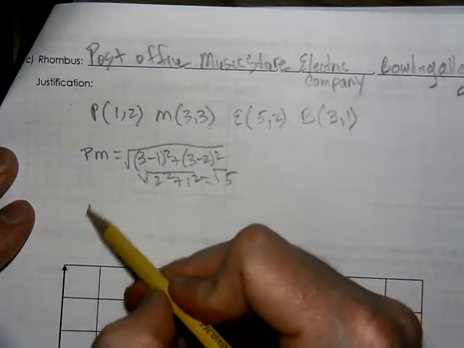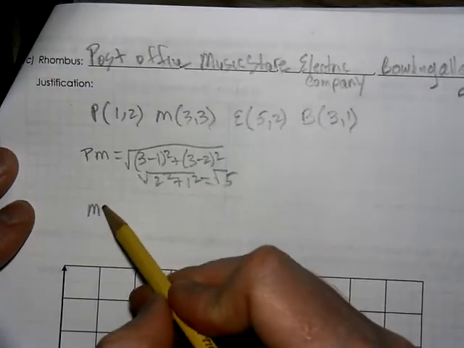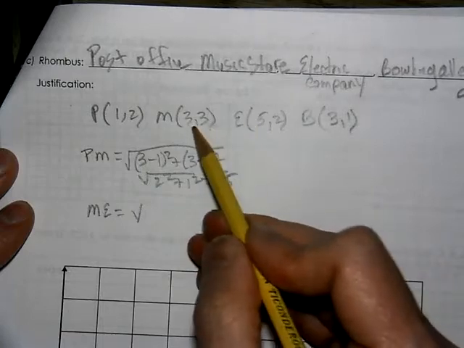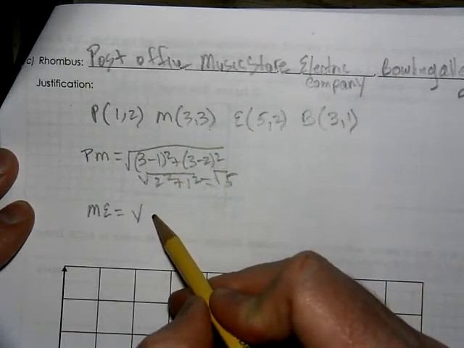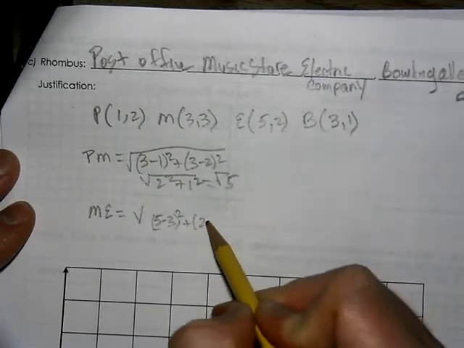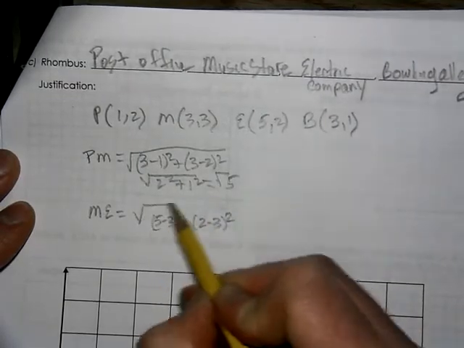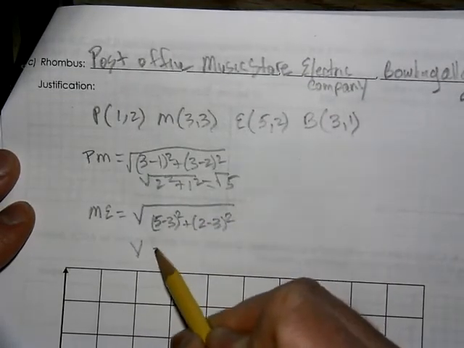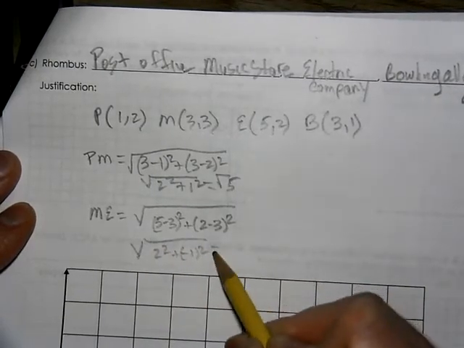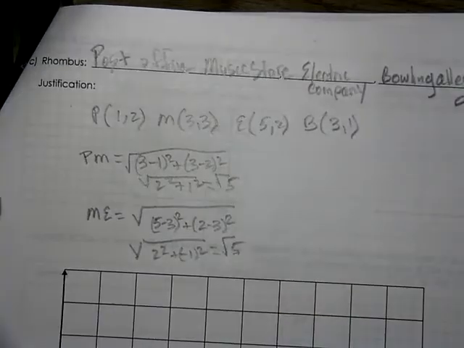Then we could look for the music store and the electric company. That would give us 5 minus 3 and 2 minus 3. Gives us 2 squared and -1 squared, which is the square root of 5.